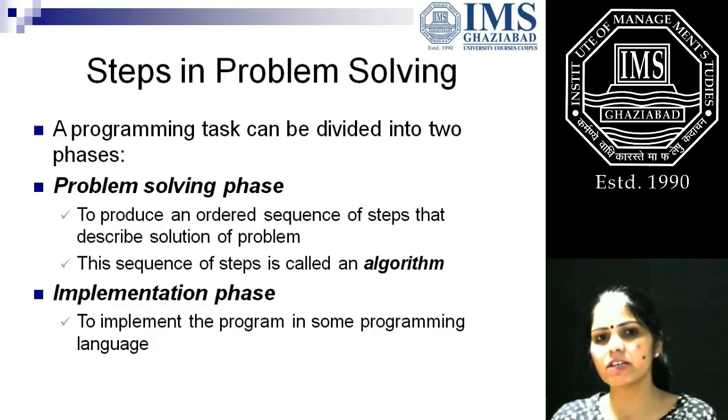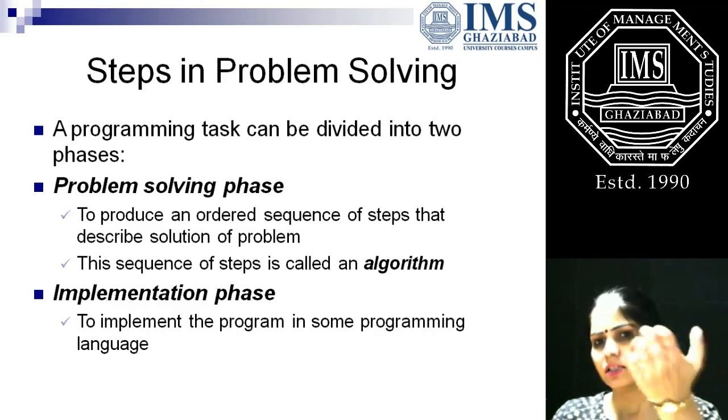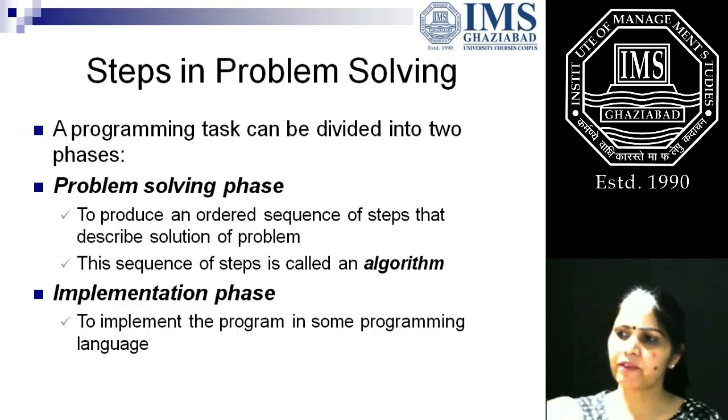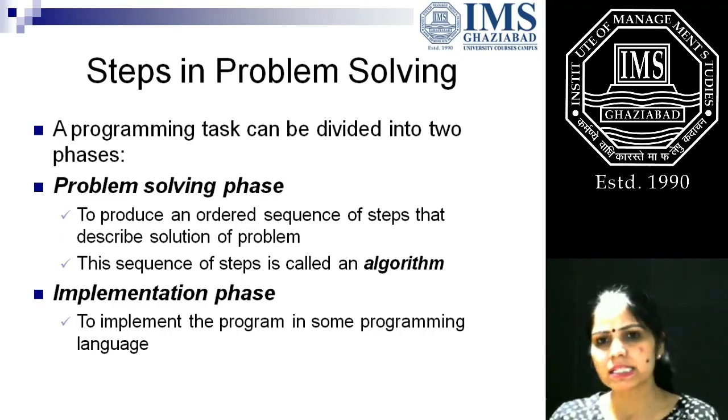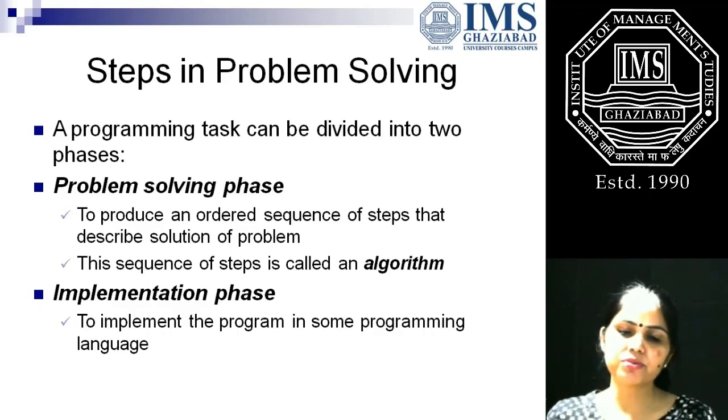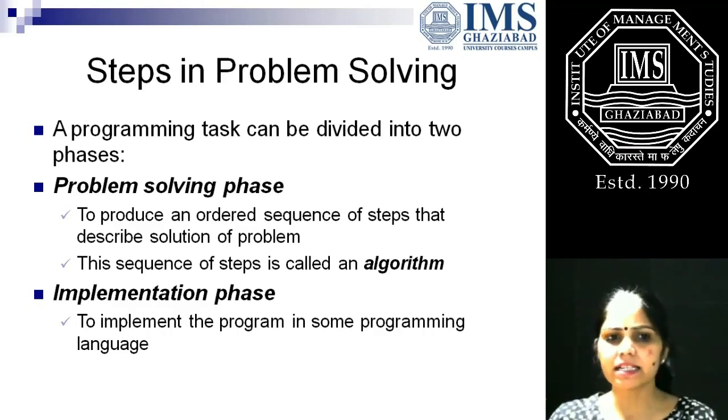In the problem solving phase, we write the algorithm and design the flowchart to indicate the flow of control in the problem. And once the algorithm is ready, we move to the implementation phase, that is, to implement that algorithm in a programming language.